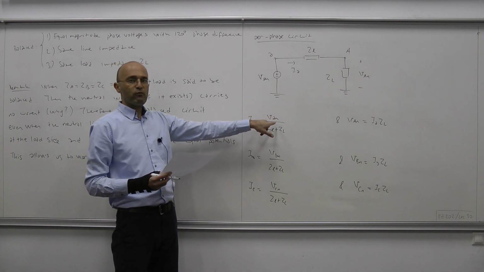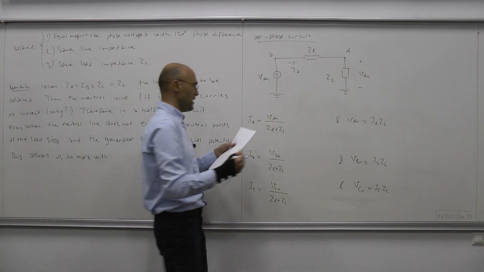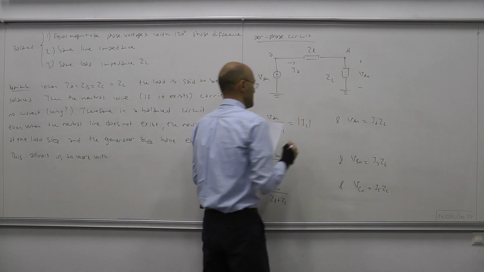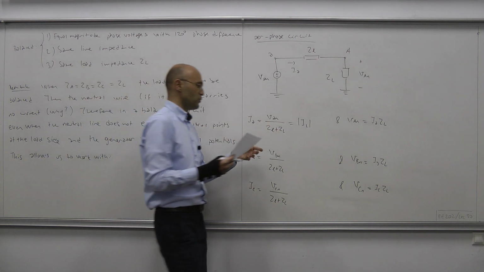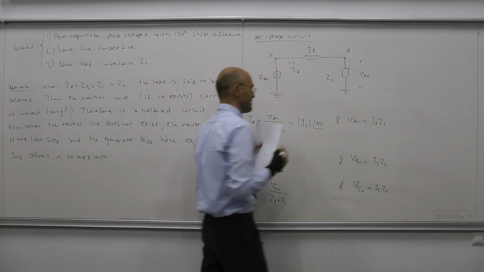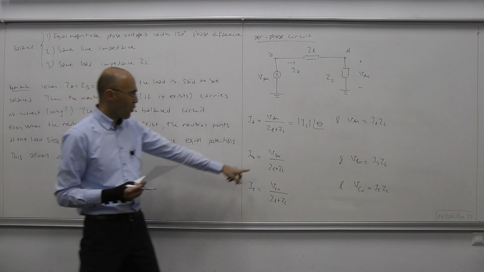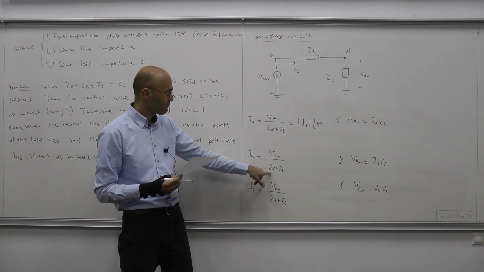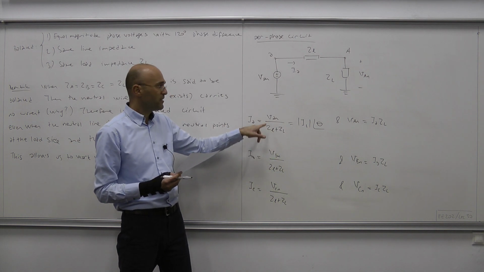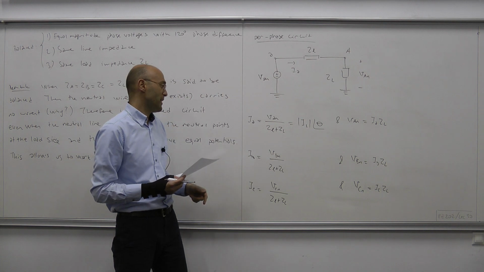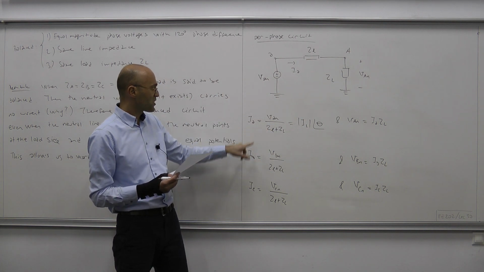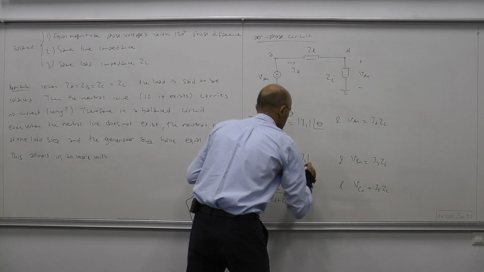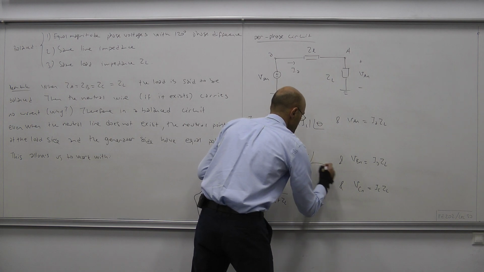Okay, now you've performed the division and obtained something, and that something can be written in polar form as the current magnitude, and it will have some phase. Let's call it theta. Now, if you compare this division to the division here, they have the same denominator. As for the numerator, those phasors have the same magnitude. Therefore, the only difference between this current and that current will be their phases. So it will have the same magnitude, and the phase will be different.